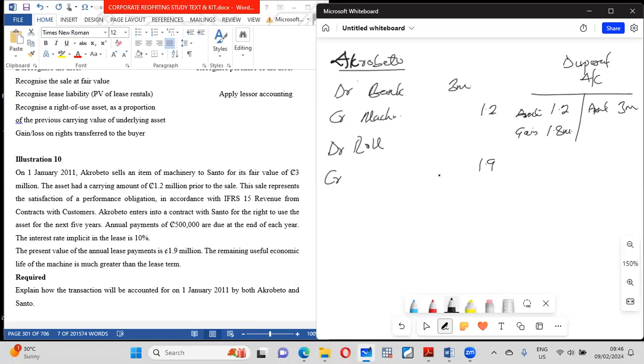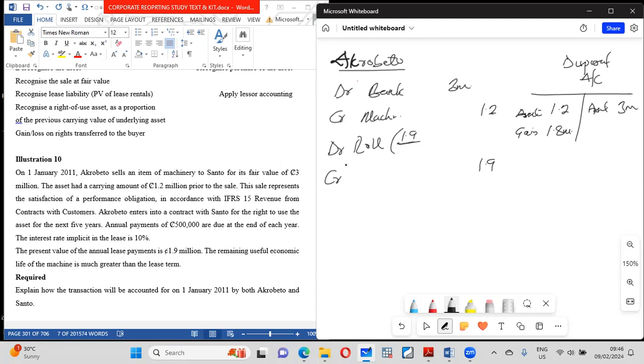But the ROU asset, we said it is a proportion of what? The previous carrying amount. The previous carrying amount is 1.2. So we will do the proportion. We are having 1.9. Normally, this should have been it, but we are recording it as a proportion.